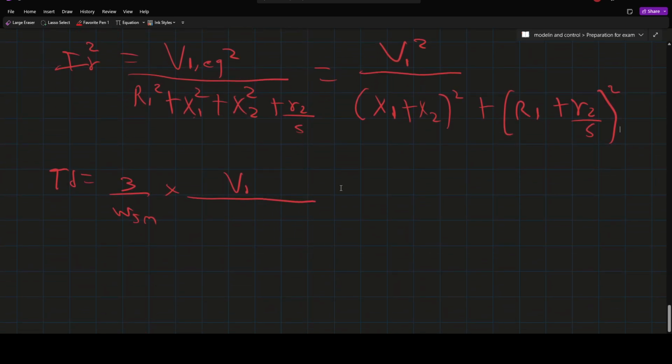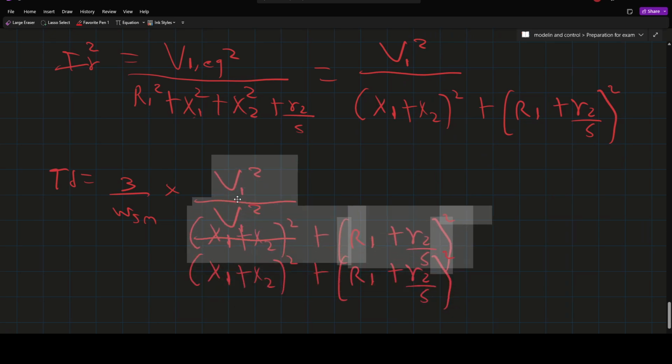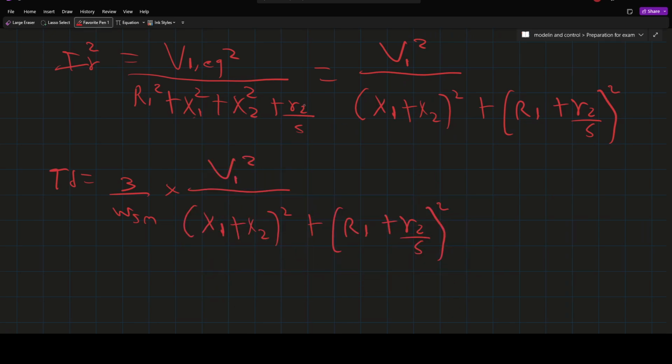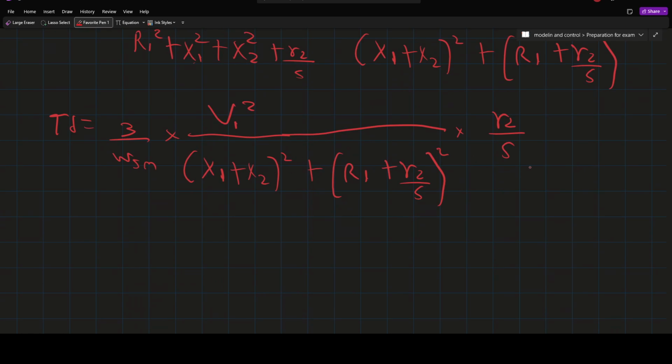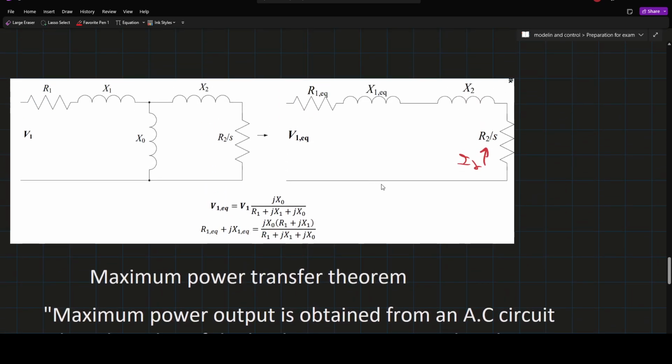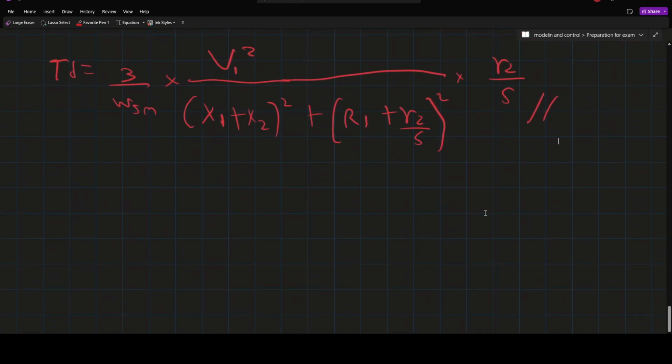So we have 3 over omega synchronous, V1 squared, all of this times R2 over S. Okay. So this is our equation for torque, our developed torque in our squirrel cage induction machine when we use the Thevenin equivalent circuit.